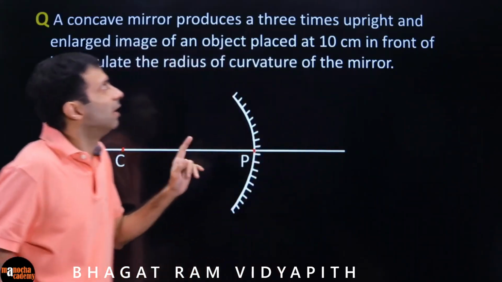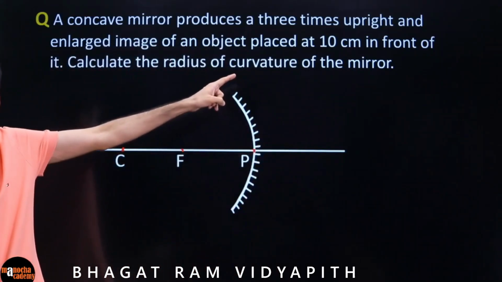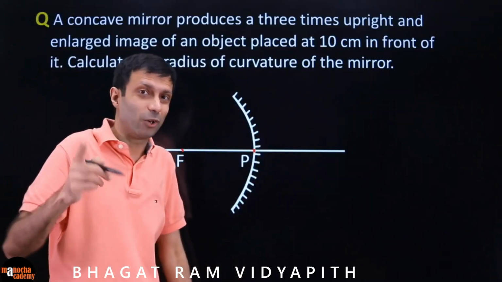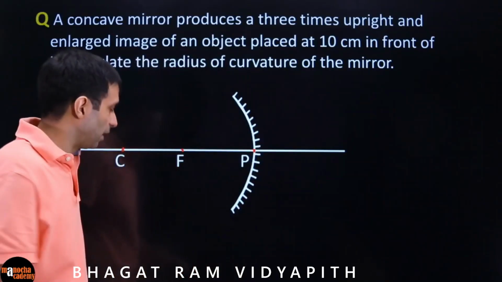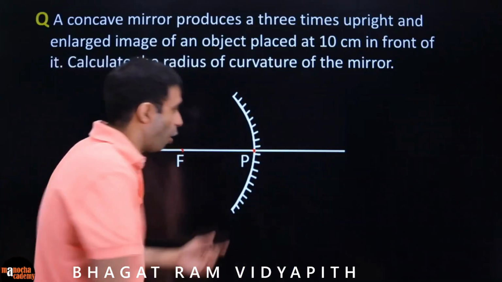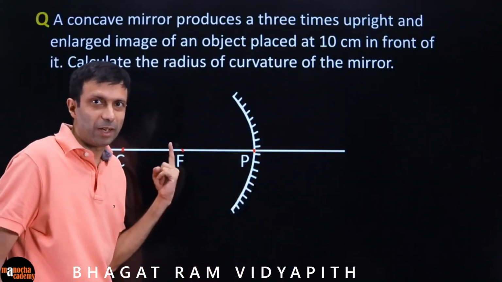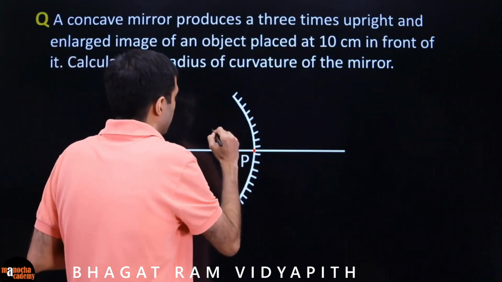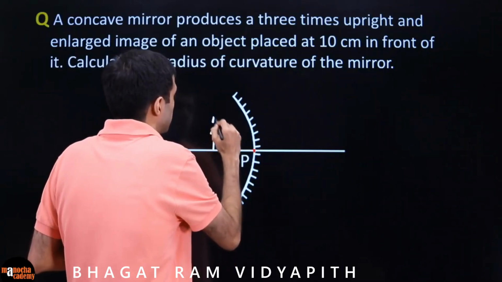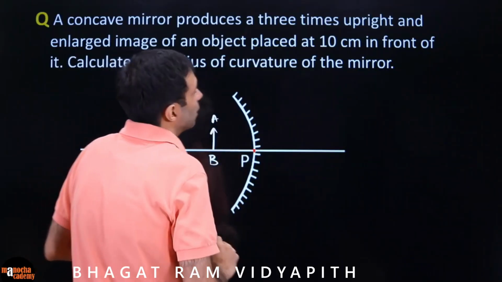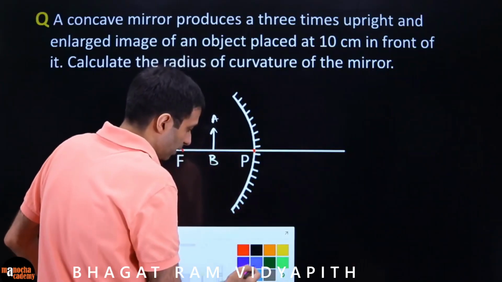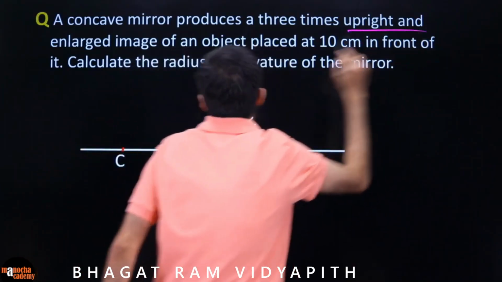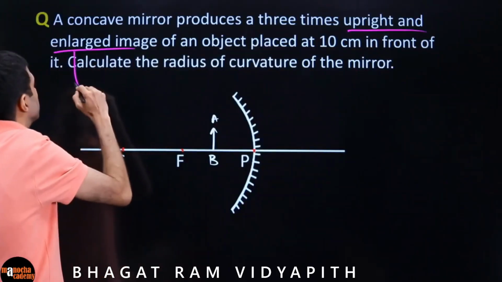Upright means it is virtual. So this is again that shaving mirror or makeup mirror case. So we know that definitely the object will be between the pole and focus of the mirror. See, there are clues in the question. So we know that our object will be somewhere here, because this is clearly a shaving mirror case.